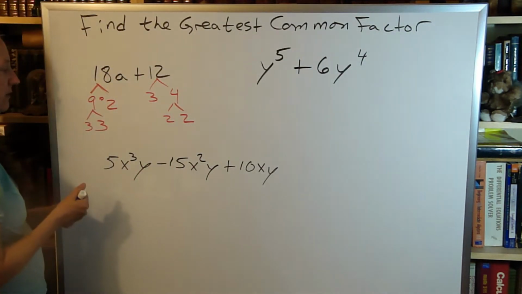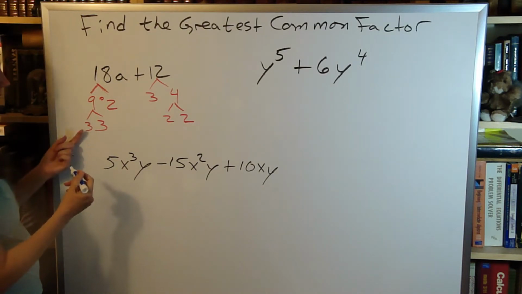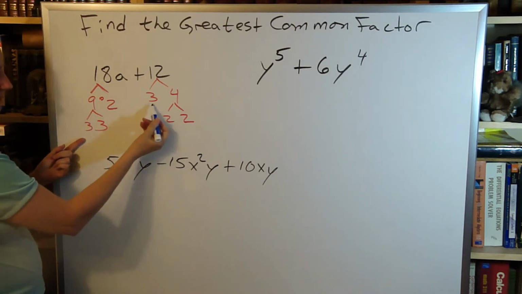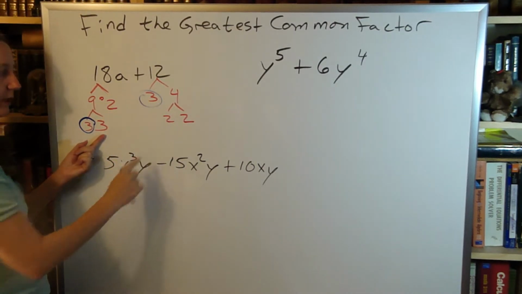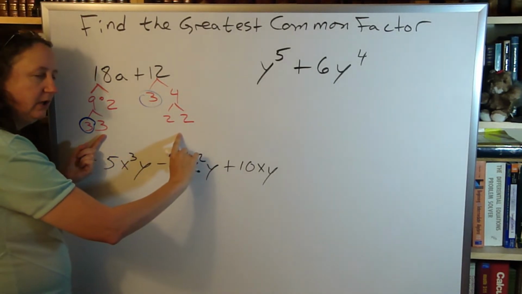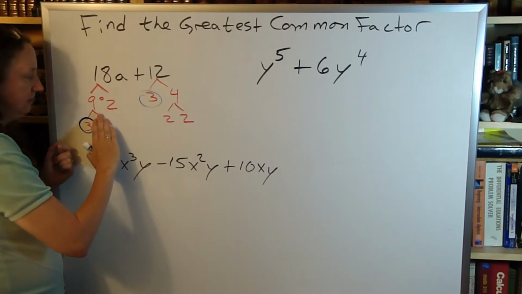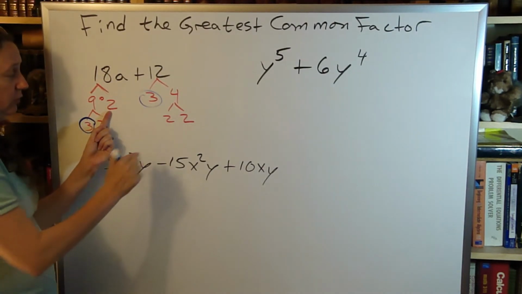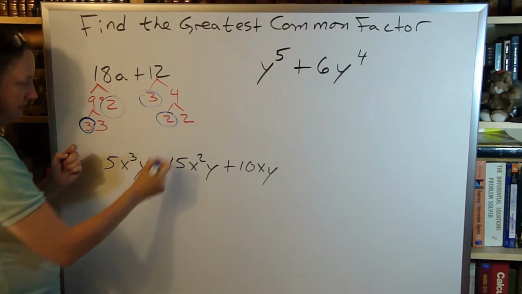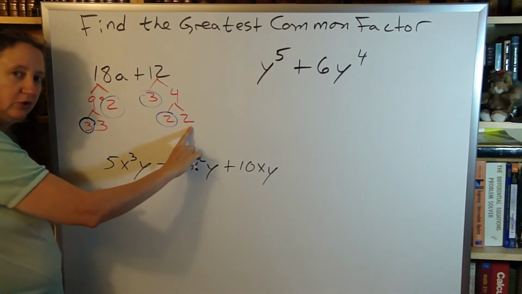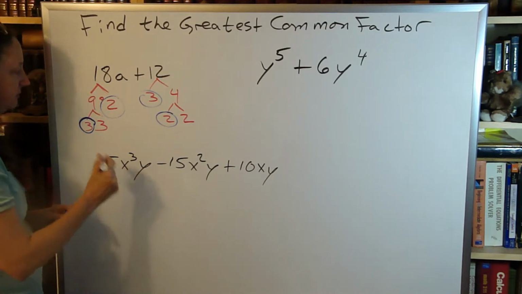So when I go for the matching, I have a 3 here, and I have a 3 here, so I'm going to use that. I have another 3, but no other 3's here, so I can't use that 3. I have a 2, and I have a 2. I'm going to use that. I have an extra 2, can't use it.